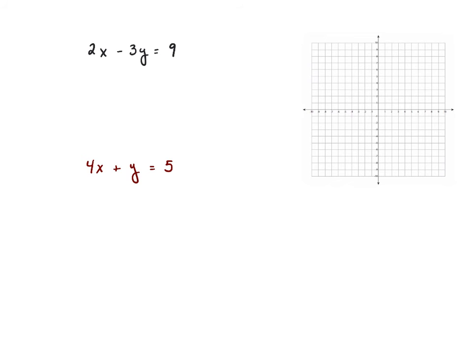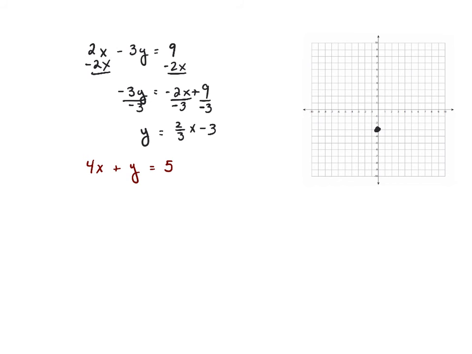So I'm going to do the black one here, subtract my 2x. Negative 3y equals negative 2x plus 9. Divide by negative 3 to get the y alone. Y equals 2/3 x, and then 9 divided by negative 3.